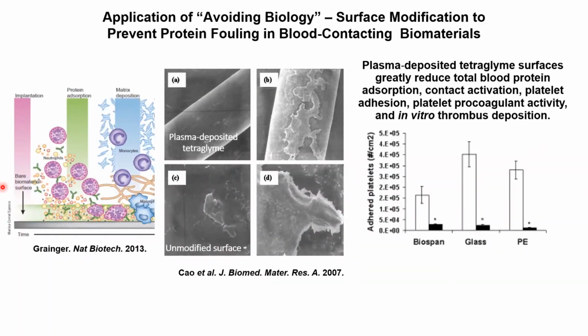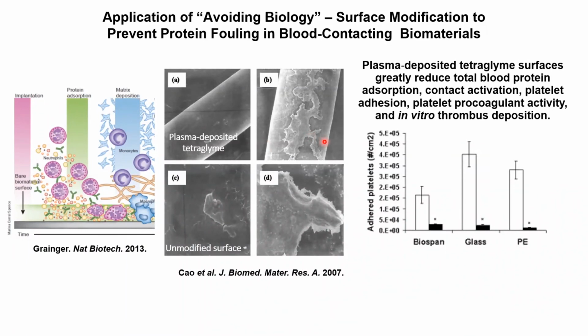So this is an example of a biomaterial. This biomaterial happens to be the type of material you would use for a pacing implant, so PTFE. When this is coated with a material called tetraglyme, you can see at low magnification and at high magnification, we have far fewer cells sticking on the surface than if it's unmodified.